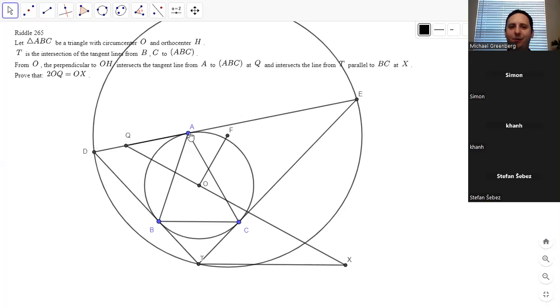I could have sworn there's some problem on my channel with I and O, and then you take the perpendicular like this, and you show that one thing is twice the other. I could go on my phone and see if I can find this problem earlier on my channel.